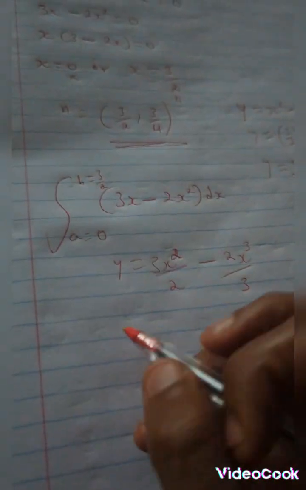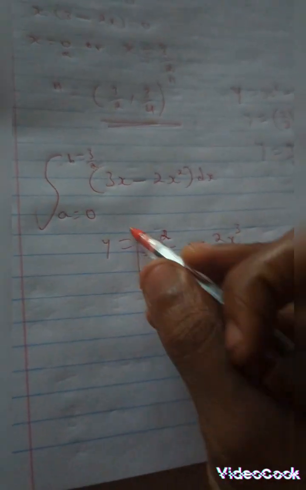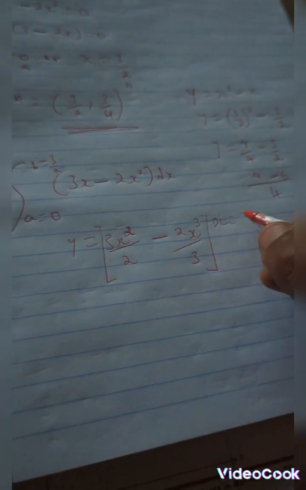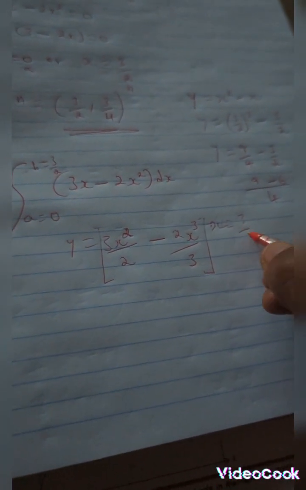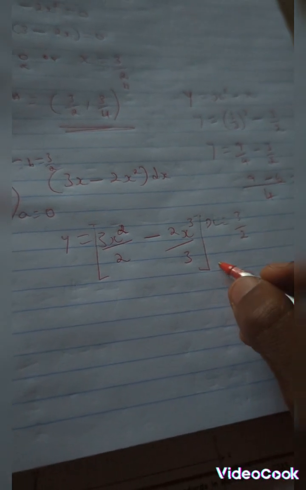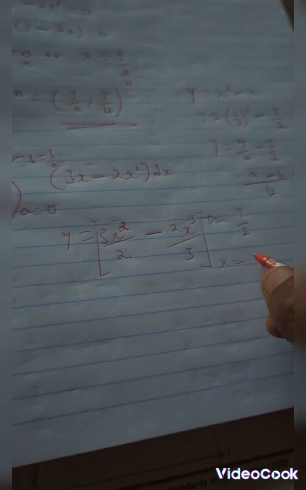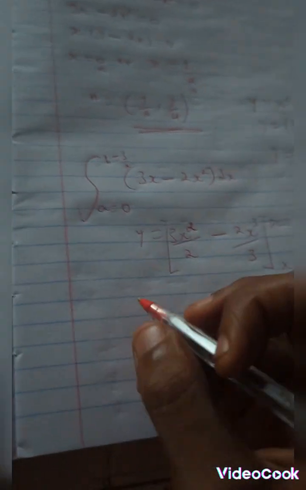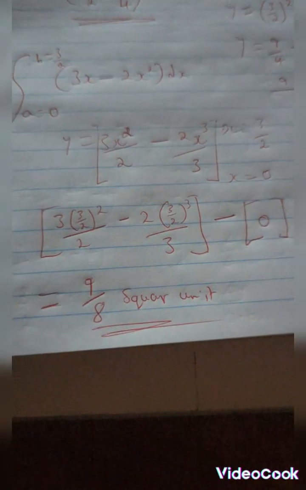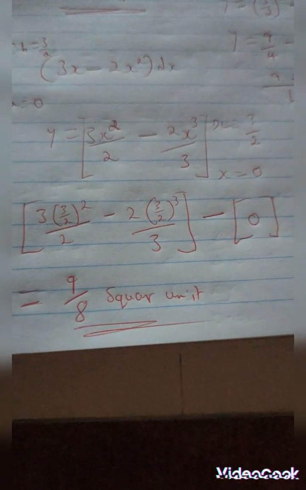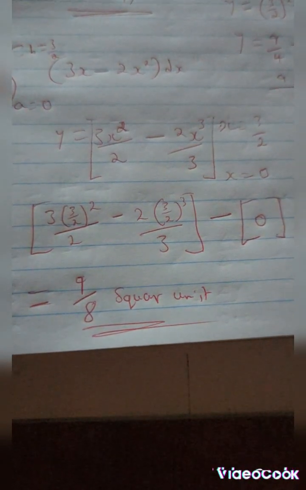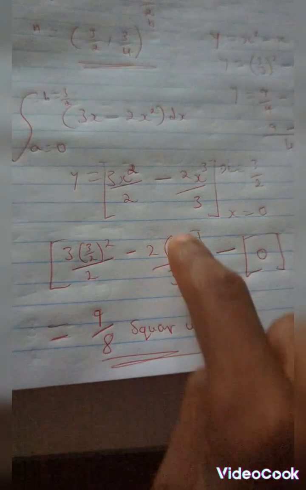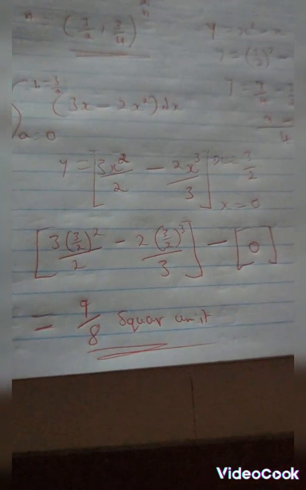Then we expand them. Where there's x, we put 3 over 2. Then where there's x, we put 0. When we punch on our calculator, we're getting 9 over 8 centimeters squared. Because this side is 0, we can punch this on our calculator, we're getting this.